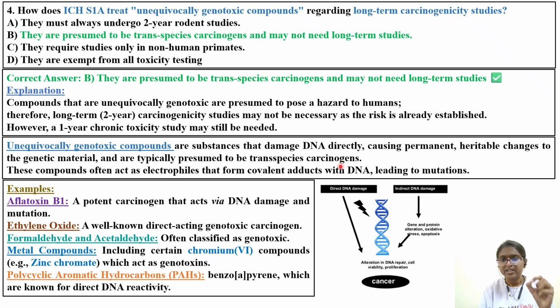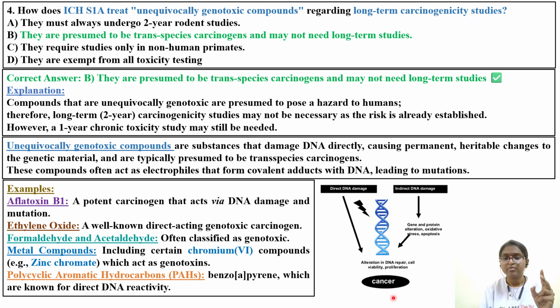So whenever a chemical X is there, there are two types of cancer formation. Either it will go and bind with the DNA directly, that is direct DNA damage, or it might cause indirect DNA damage. How? By interfering with genes and protein alteration, or oxidative stress, apoptosis. These are the various pathways which might be interrupted by the chemical X, and thereby it will lead to alteration in DNA repair, cell viability, proliferation, and it will cause cancer.